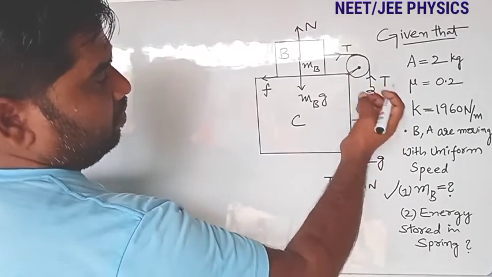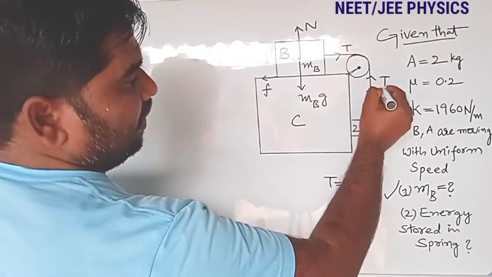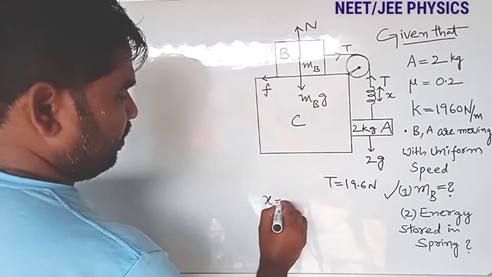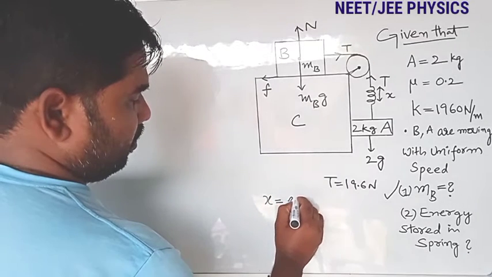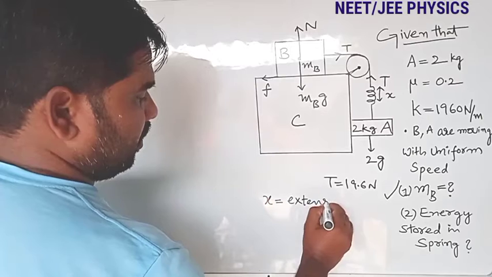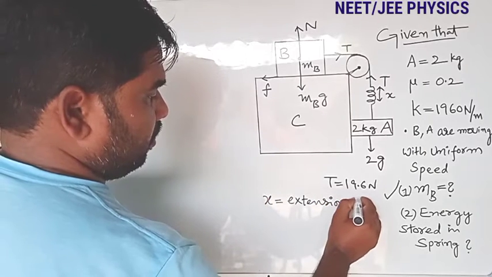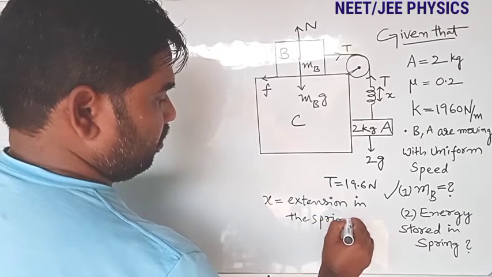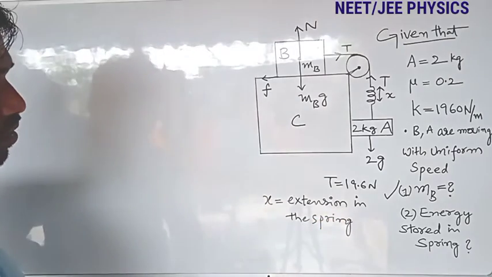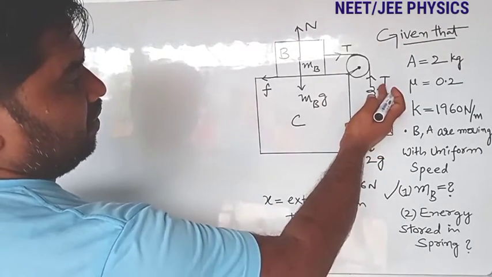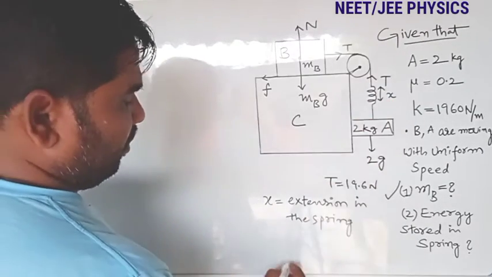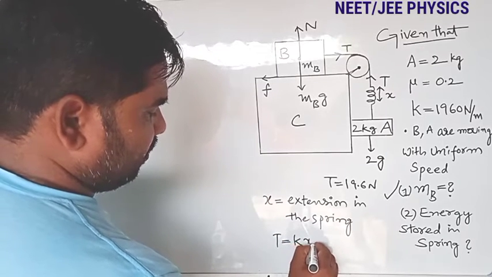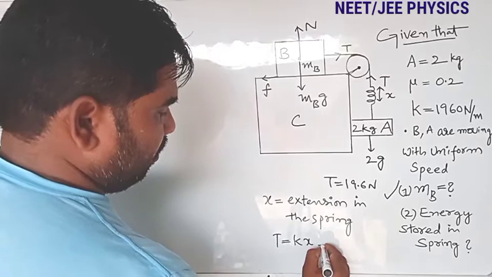Now due to this tension, the extension in the spring is assumed as X. Now this x is directly proportional to T, that's why T equals kx, where K is the spring constant.